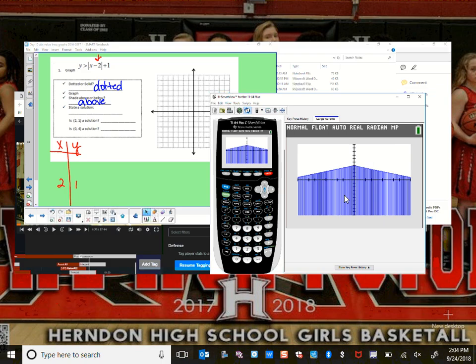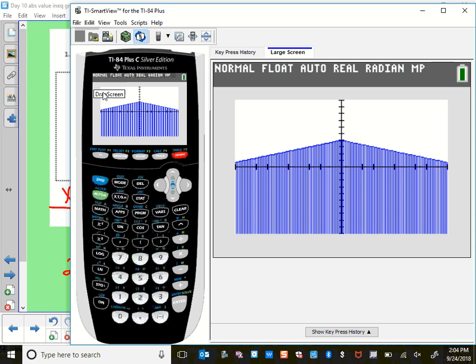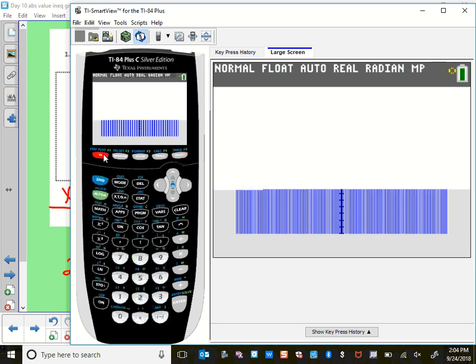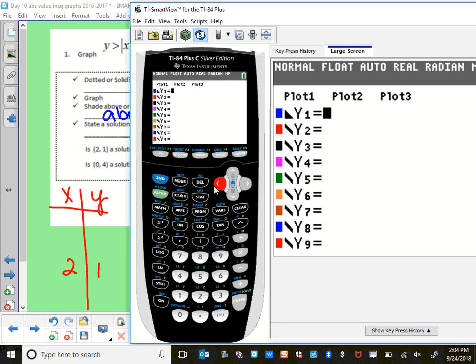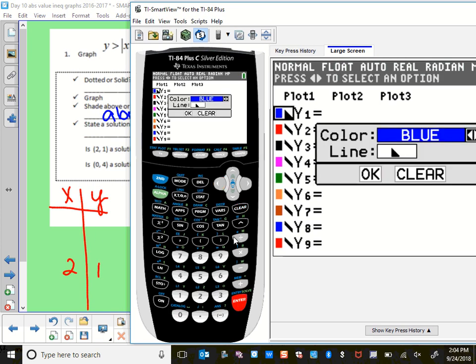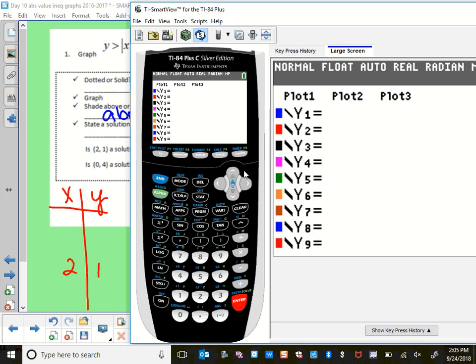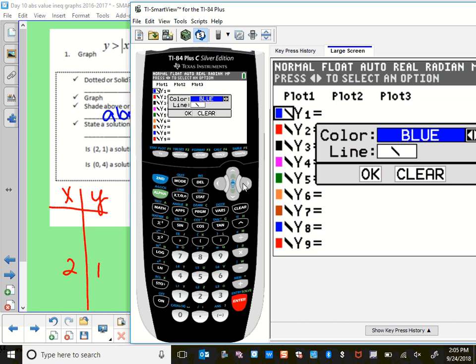All right, so in your calculators, we're gonna go to y equals. Slide over. Goodness, sorry, hold on guys. I was playing around with this earlier.